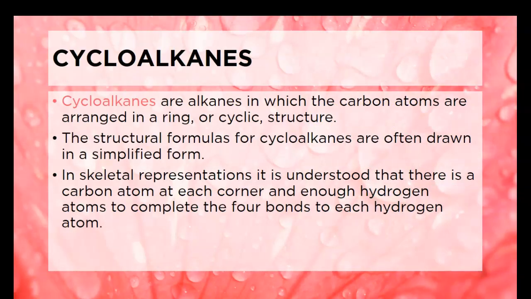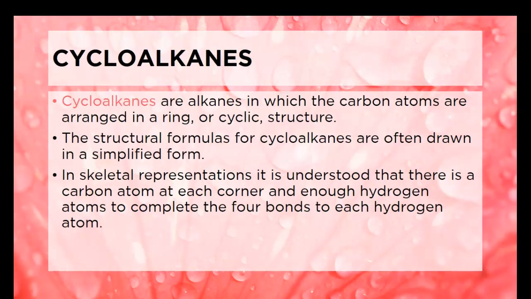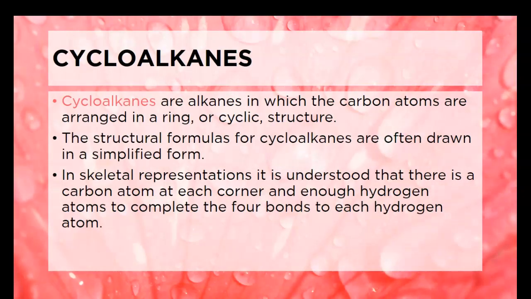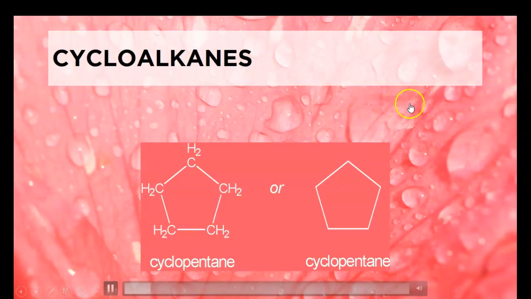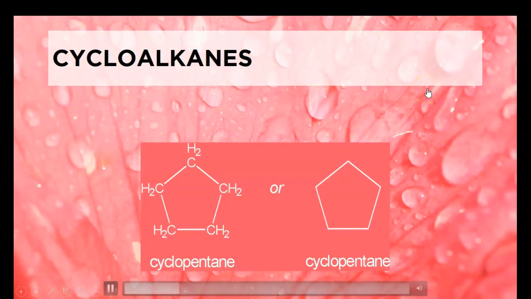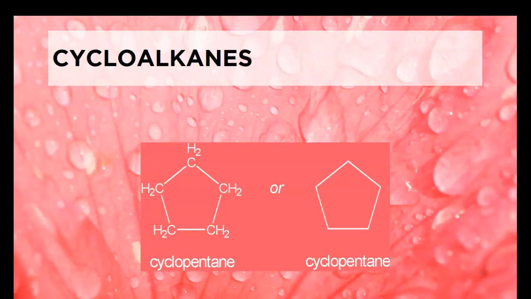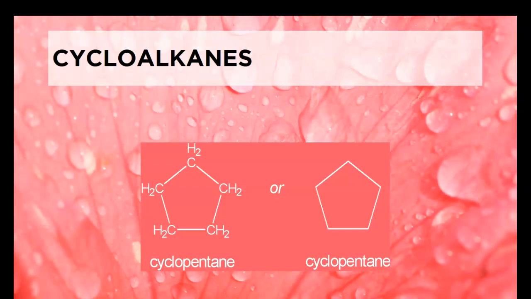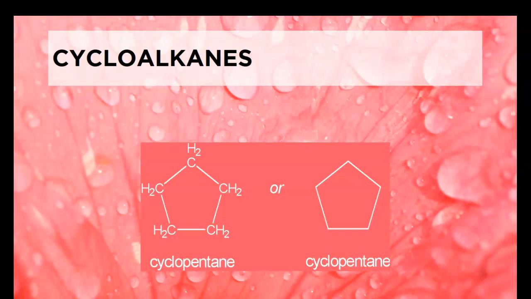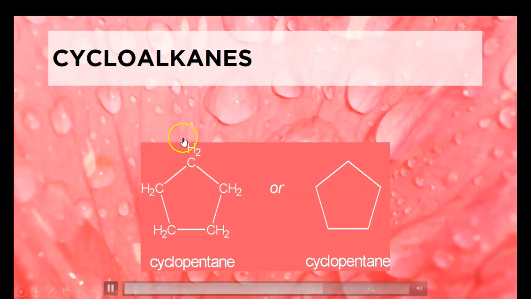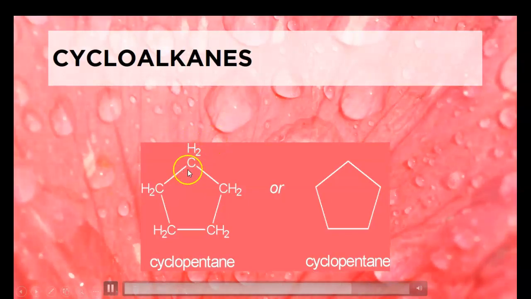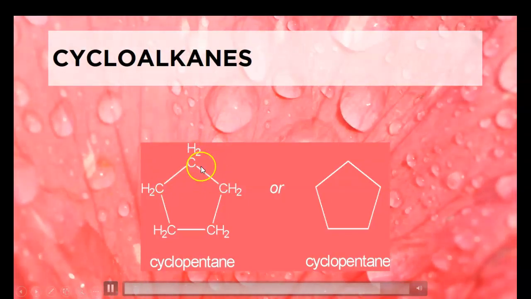One type of alkane we want to talk about also is a cycloalkane, which means the carbons are arranged in a ring. They are often drawn in a simplified form, these skeletal representations I've been talking about, where we have this thing called cyclopentane. The 5 carbons, as you see, are arranged in a pentagon, and each one has 2 single bonds to other carbons.